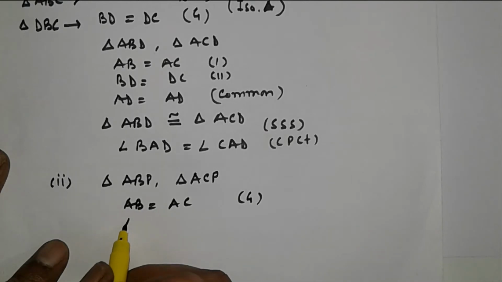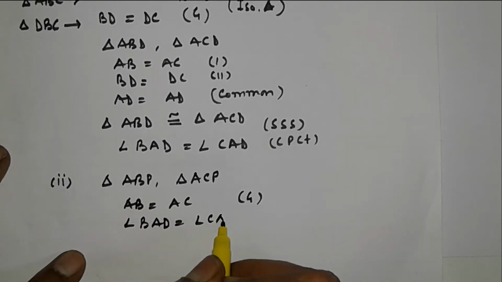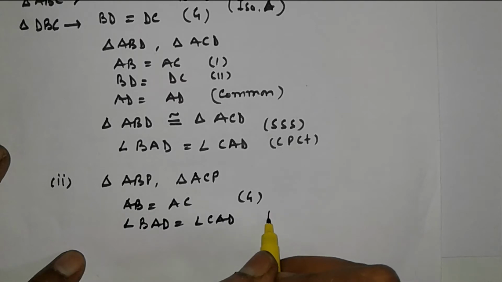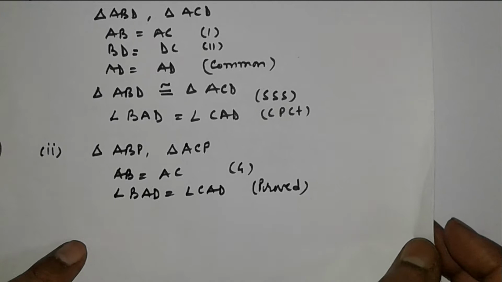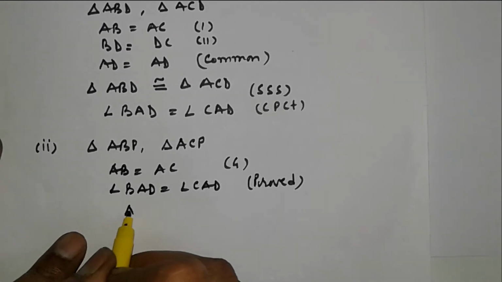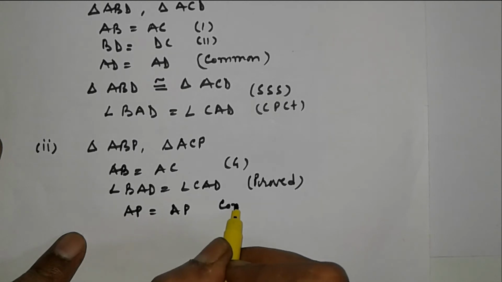Angle BAD is equal to angle CAD, it is proved. And AP is equal to AP, it is the common side.